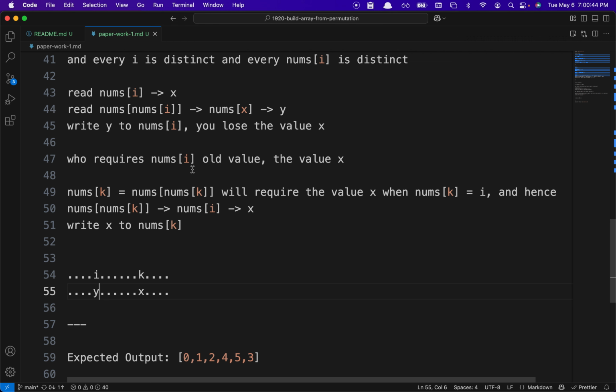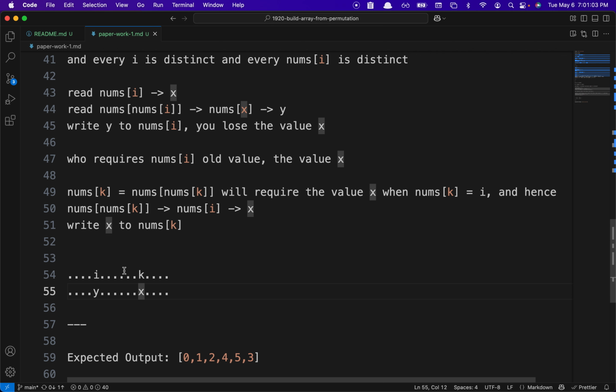Okay. So you basically try to find out this is a unique value. No one else will have x value, right? So you just store that nums of I is x. You write to this, right?